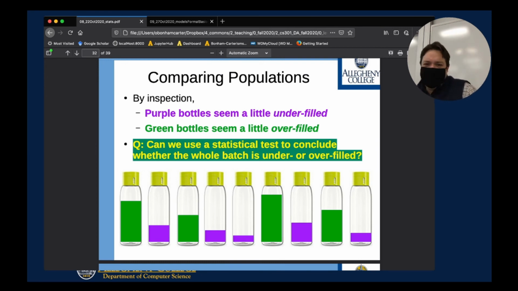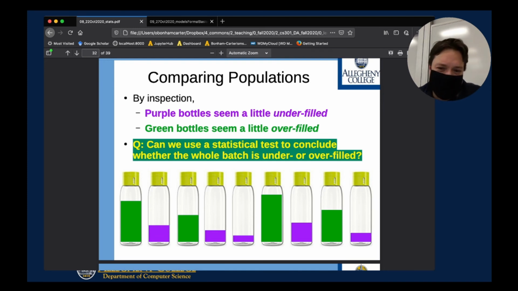It's always very important when you come up with the actual question that you're working with to write it down and come up with an actual question that you're going after. And so we're saying that we inspected these things. We believe that the purple bottles are underfilled and the green bottles are overfilled.